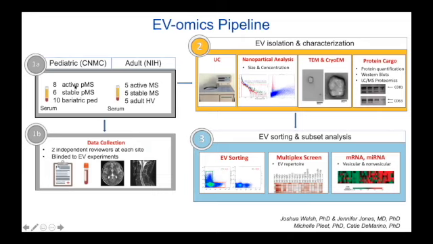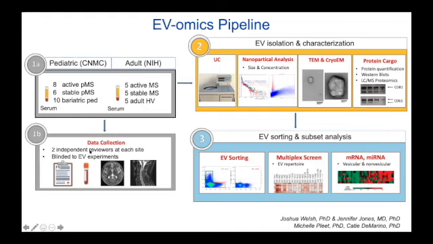We had 8 active pediatric MS patients, 6 stable. And then because of the interest in obesity, we had 10 bariatric pediatric patient samples. From our adult cohort at NIH, again, 5 active MS, 5 stable MS, and 5 adult healthy volunteers.